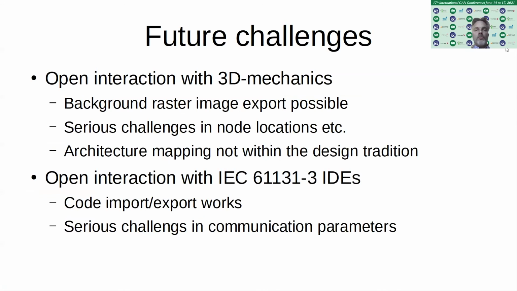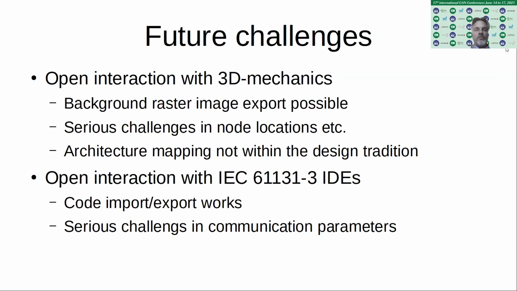And for the future, we have detected some main problems, and the biggest obstacle seems to be in 3D mechanic design, because raster images can be exported quite easily, but the design culture in 3D mechanics design is not supporting the use of reference designator by default.